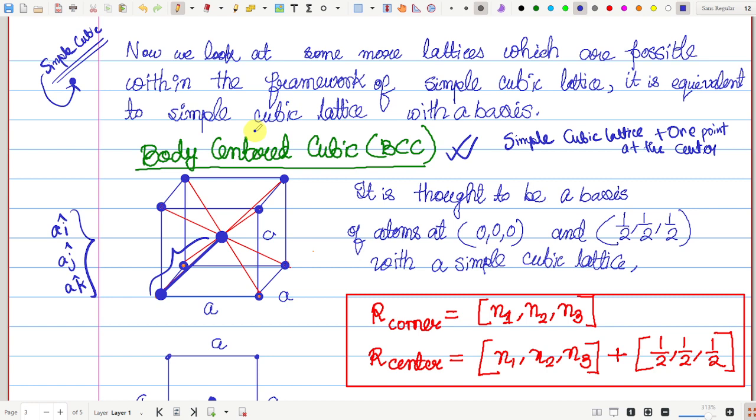Yes, we will recover all this, because let's say, for example, this lattice point will be connected to another lattice point in the adjacent unit cell.